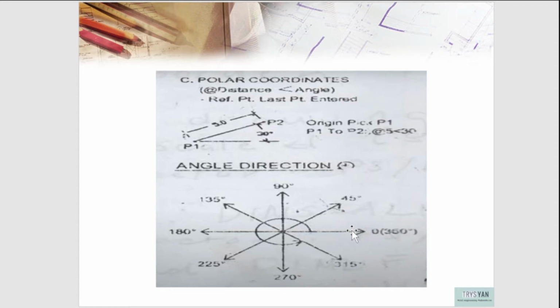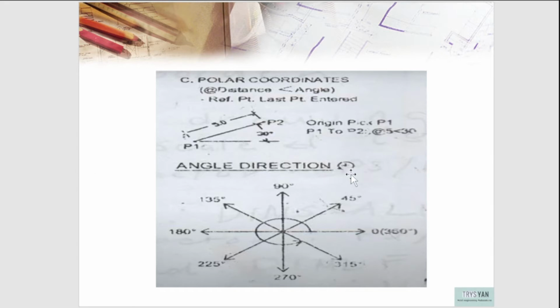From 0 going counterclockwise, the angle is always positive. If you go clockwise, the angle will be negative. Following these angles, use a protractor, or just remember how to use the protractor.